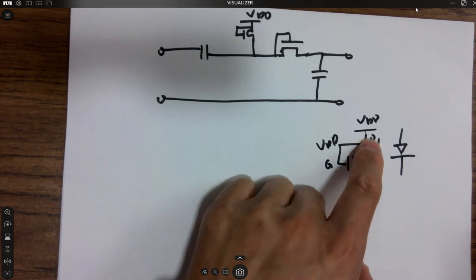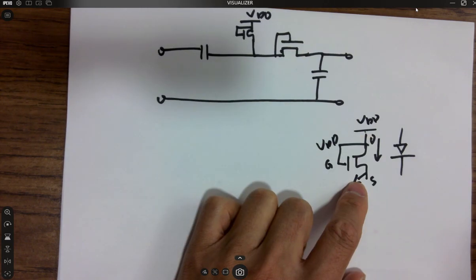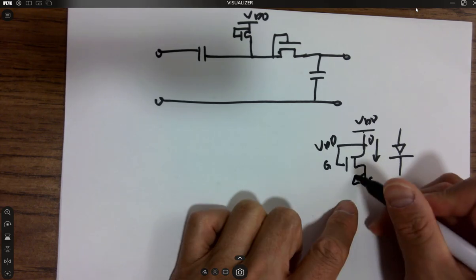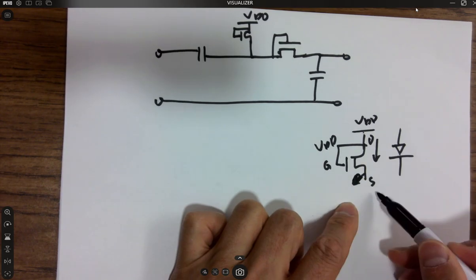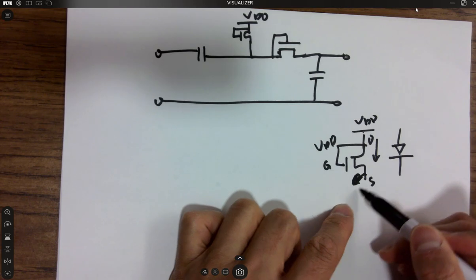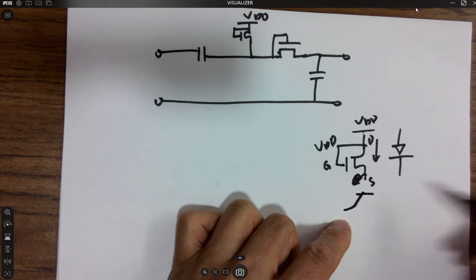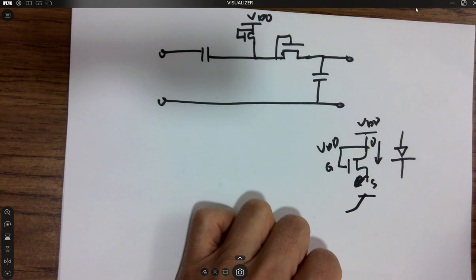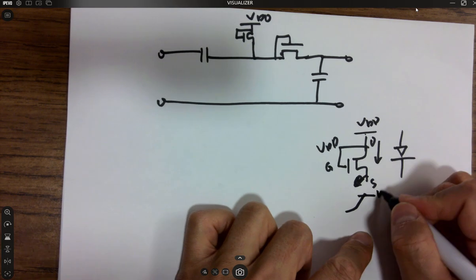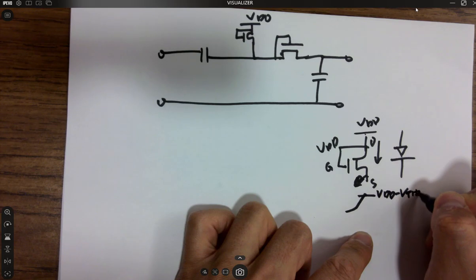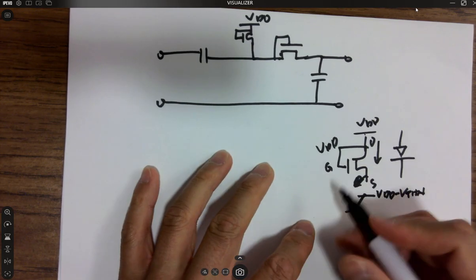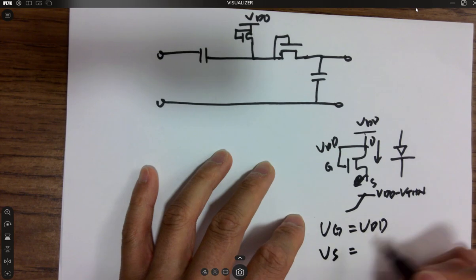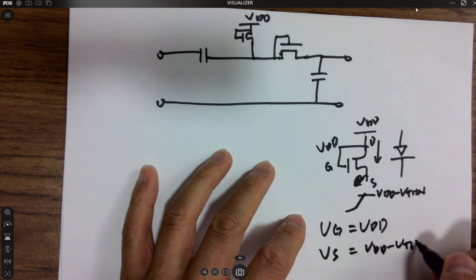Is NMOS good at passing VDDs? No, it's good at passing zeros, but not VDDs. Because for example, when it starts passing it, the voltage here starts rising. Whenever this guy reaches VDD minus VTHN, it will start shutting off, because VG is VDD and VS is VDD minus VTHN at this moment.